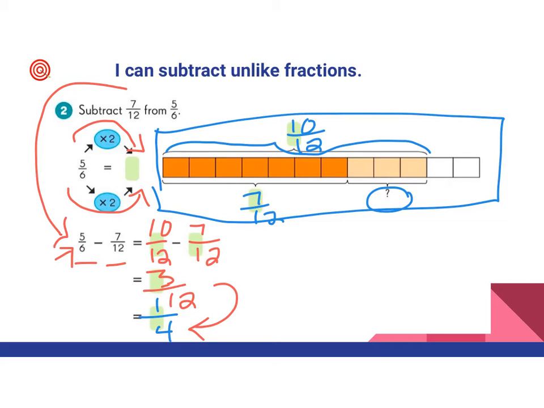Now, 1/4. If I think about, well, let's see. Let me change colors here. If we divide this into fourths, 2, 3, 4. A fourth is 3 little squares. So that's again showing you that 3/12 is equivalent to 1/4.